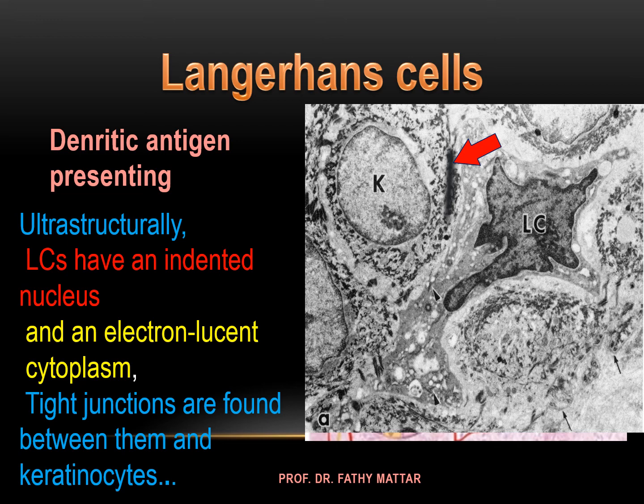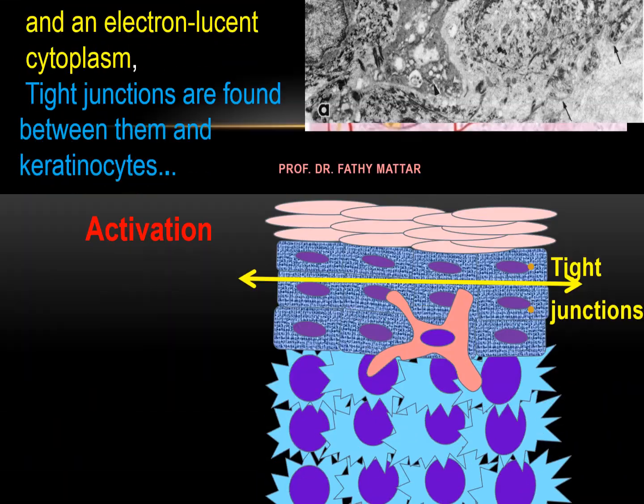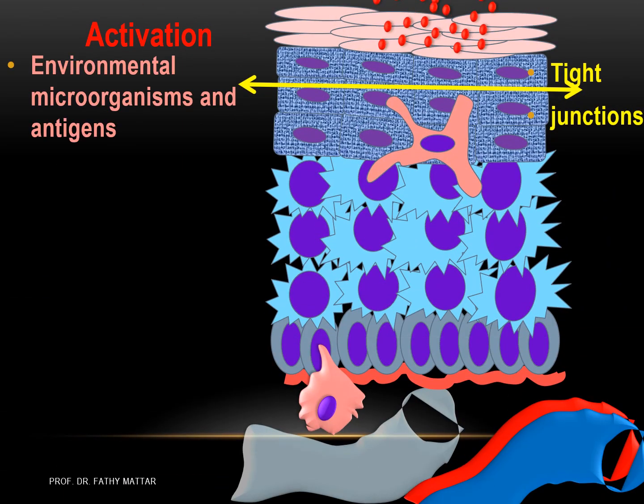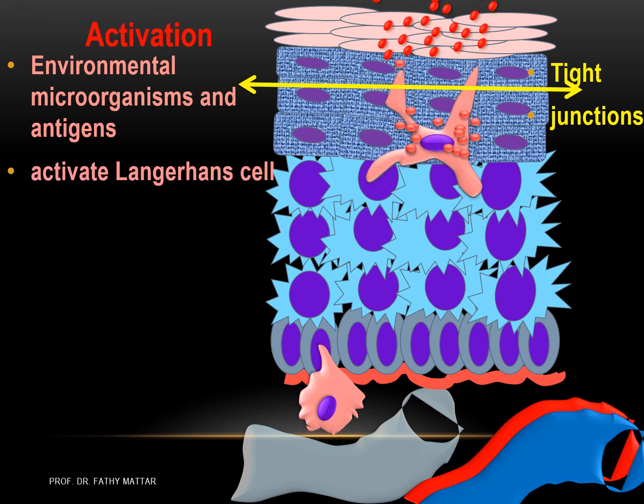In this case, they activate Langerhans cells. How? Environmental microorganisms and antigens, as we said, cannot pass between the cells because of the tight junction, and so they have to pass through the dendrites of the Langerhans cell.